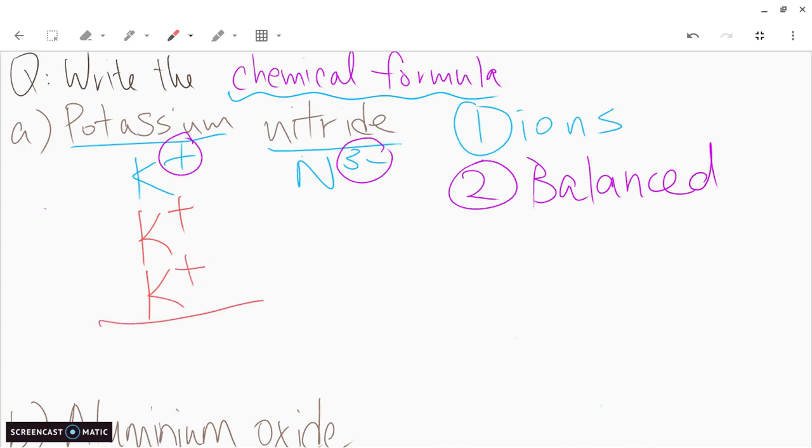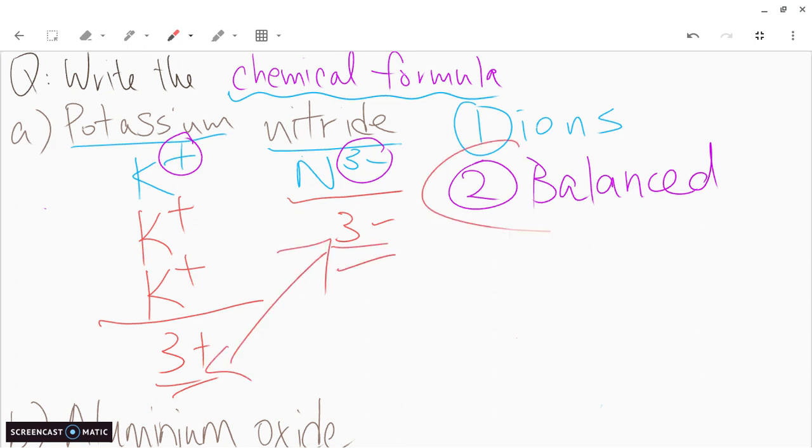After adding two more potassium ions, now my question is, what is the overall charge on the left over here for potassium ions? Yes, the overall charge right now is 3 positive, whereas on the right, the overall charge is 3 negative. So right now, these two are balanced.